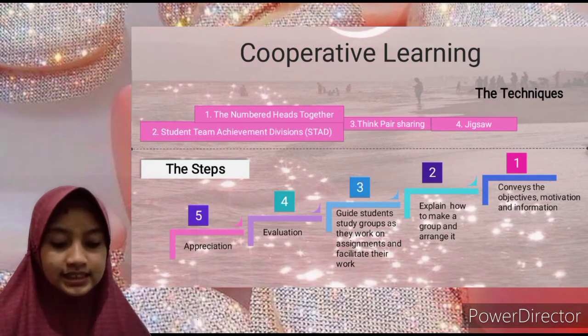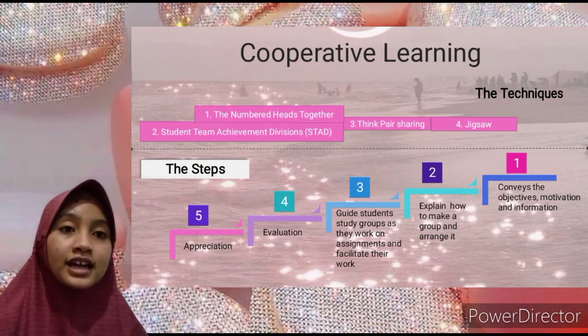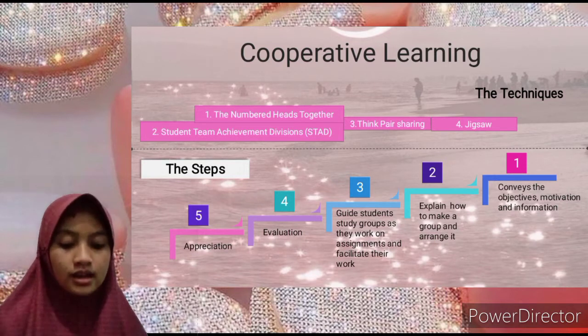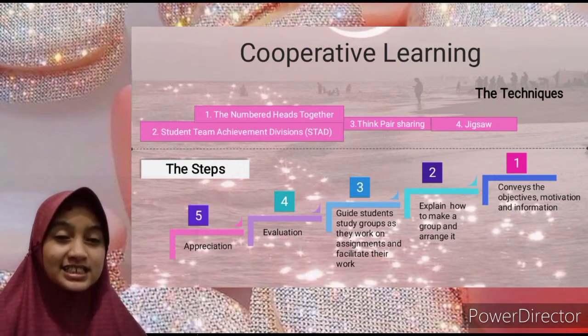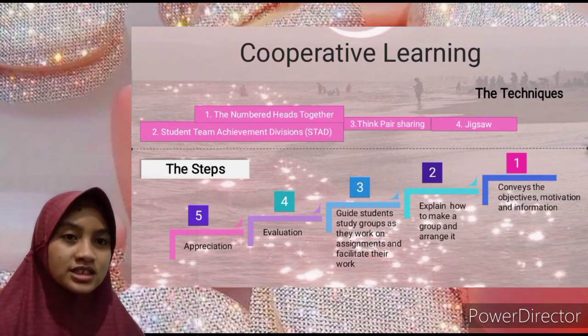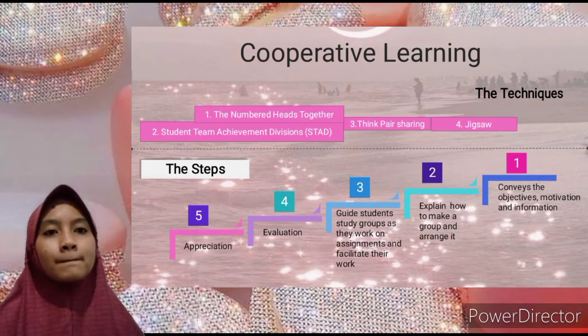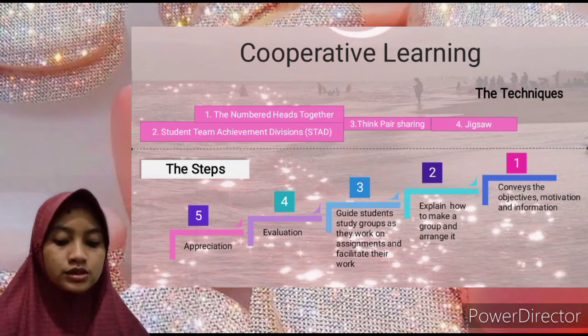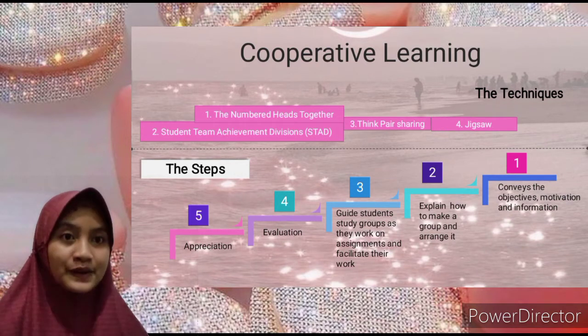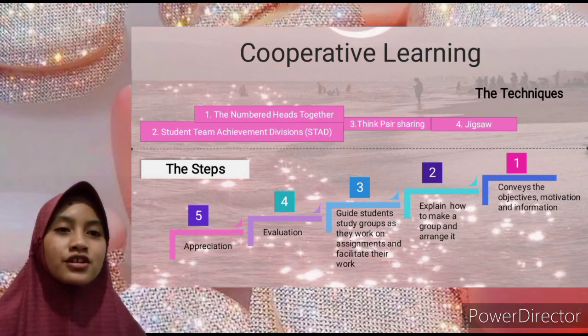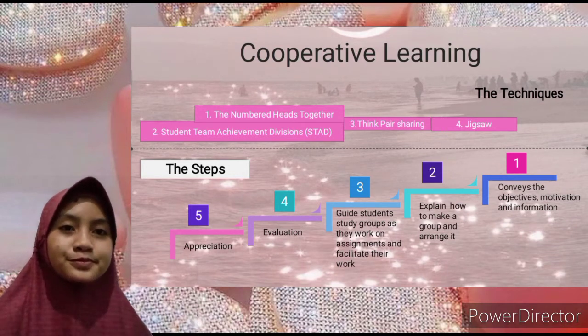The techniques are number 1, numbered heads together. Number 2 is STAD, or Students Team Achievement Divisions. Number 3 is think pair share, and number 4 is jigsaw.